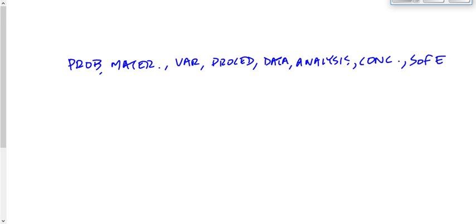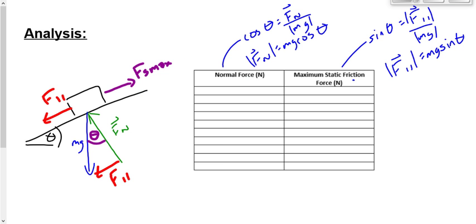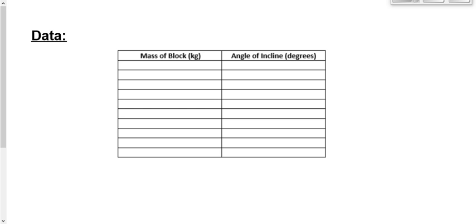But the relationship that you see between the mass of the block and the angle of the incline, before you do any number crunching with it, may not necessarily be what you expect. So don't panic about that. If this looks different than you expect it to look, don't sweat that. If your data points are all over the place, then you might want to take another look at your data. There should be a pattern, but it's not necessarily going to be the pattern that you expect to get.